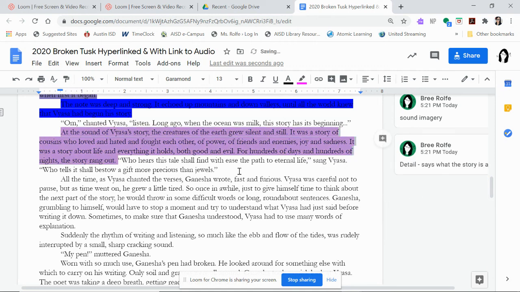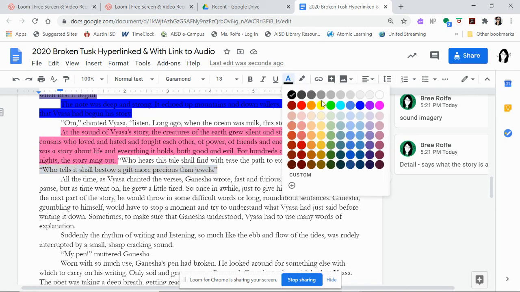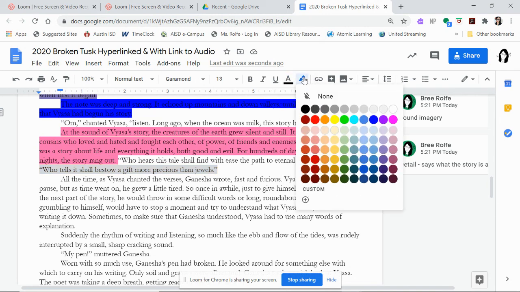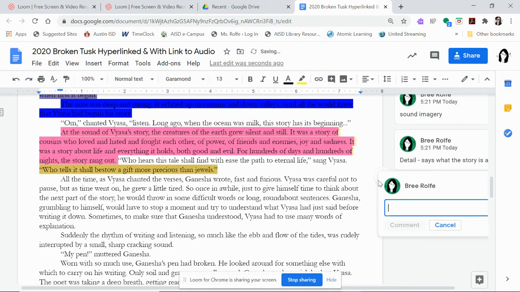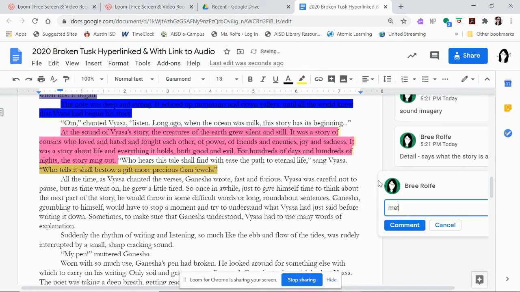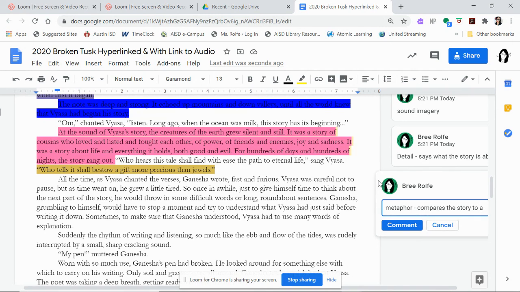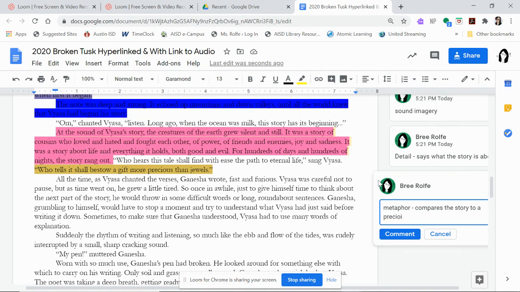And then this is figurative language in that it's a kind of metaphor. Compares the story to a gift, precious gift.